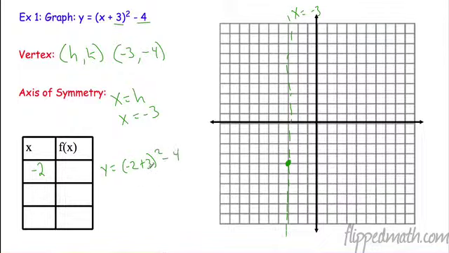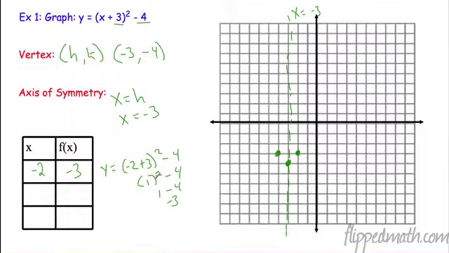So negative 2 plus 3 is 1. 1 squared is 1. 1 minus 4 is negative 3. So I'd have negative 2 and negative 3. And the great thing is, we already know that there's a point right here because this axis of symmetry, it's reflected across. So we reflect it right here, boom.